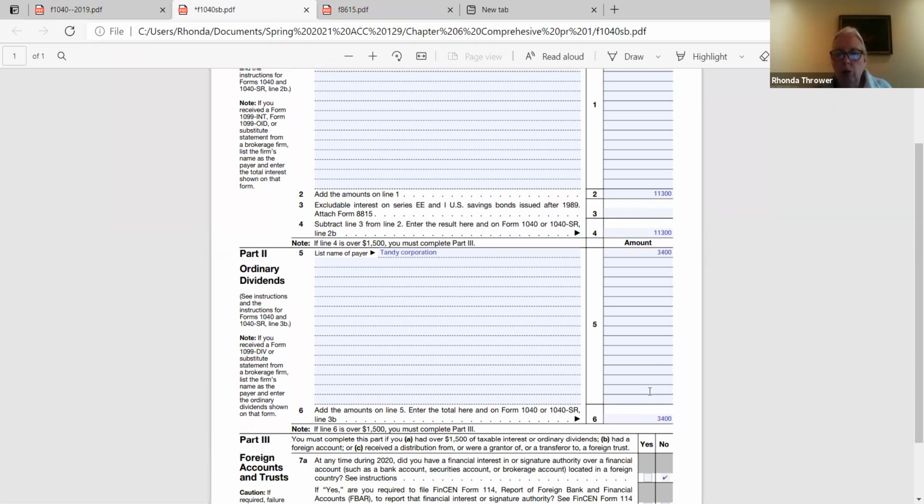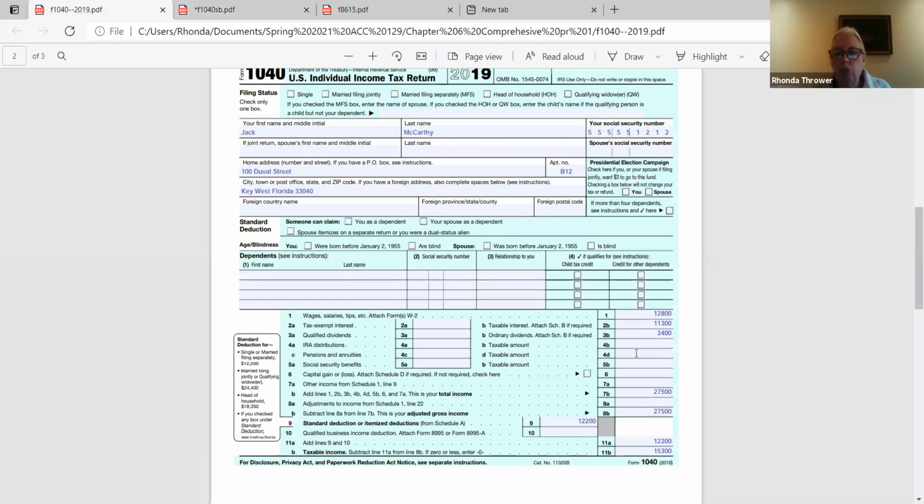So we're going to skip through line 5 and go on to line 6, and the total amount is $3,400, which would go to the 1040 form, line 3B. So I'm going to switch back for just a minute to your 1040 form, line 3B. It is 3,400. That's where we're getting this.